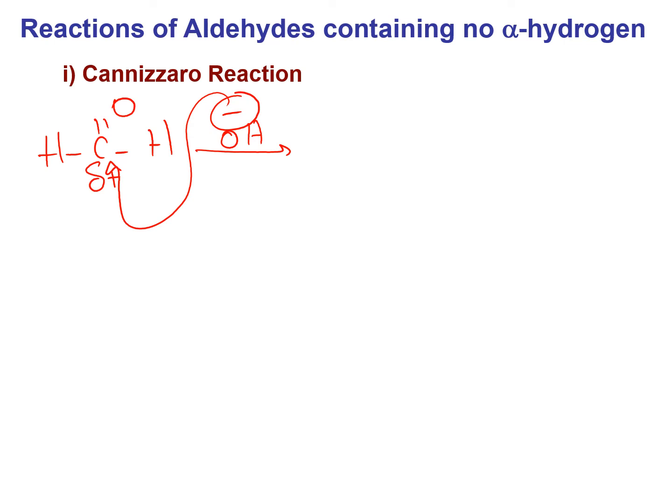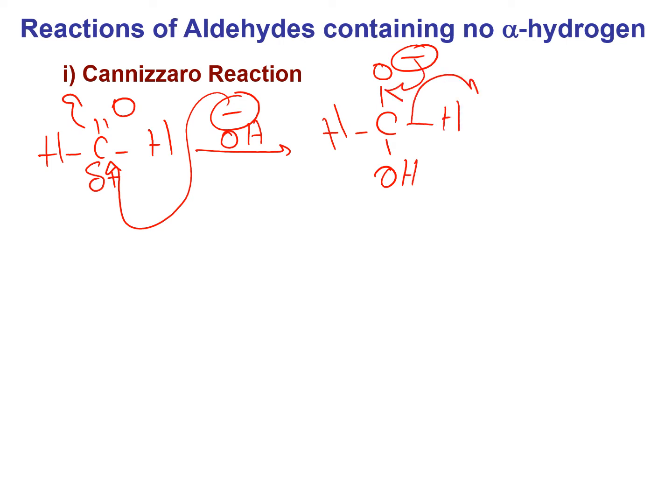Accordingly, the hydroxyl group will attack the carbonyl, breaking the double bond. The double bond reforms, throwing away a hydride, which is not a very common leaving group. However, the reaction conditions will throw away a hydride, giving the acid.